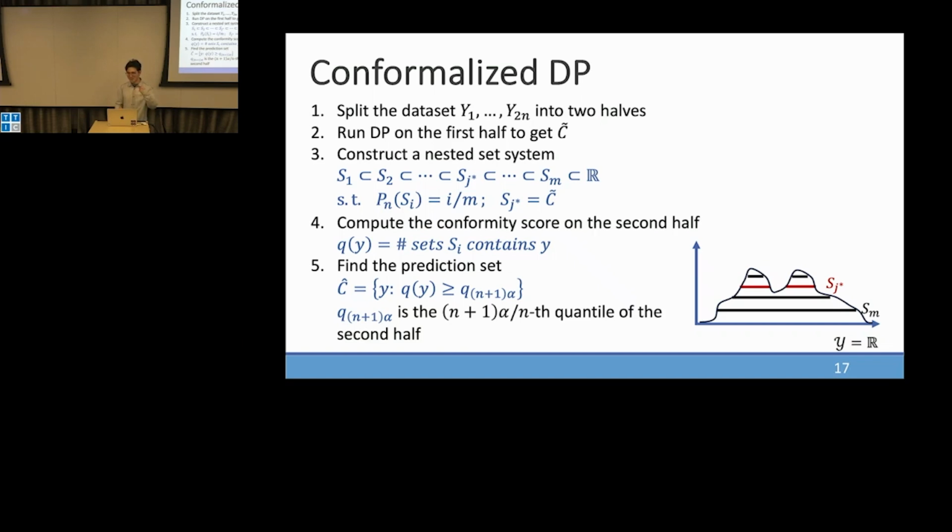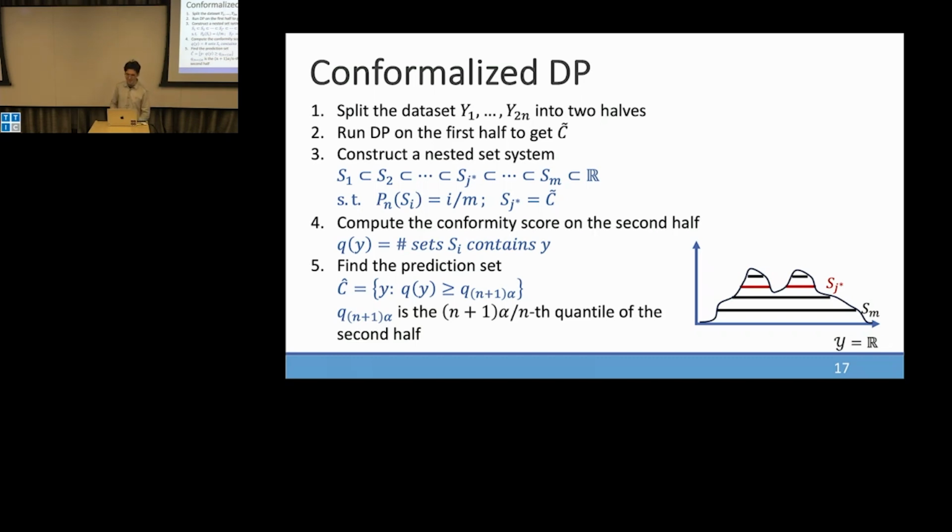How do we do that? We compute the number of sets that cover a particular point y in the second half. If y is covered by many intervals, then it is at a high level of the probability mass.